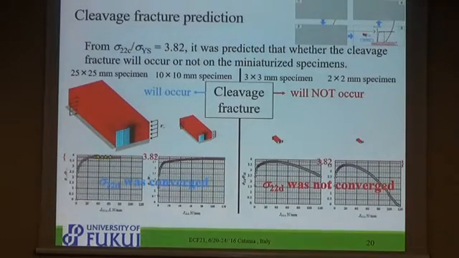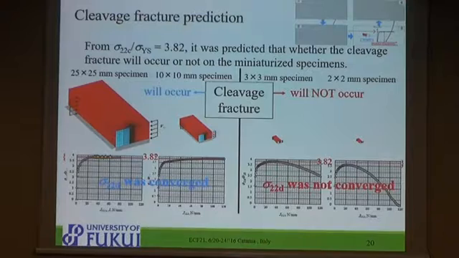The EP-FEA results are summarized on this page. For the 10 square millimeter specimen, σ22D showed the converging tendency for increasing load. Therefore, it was considered that cleavage rupture will occur on the 10 square millimeter specimen.